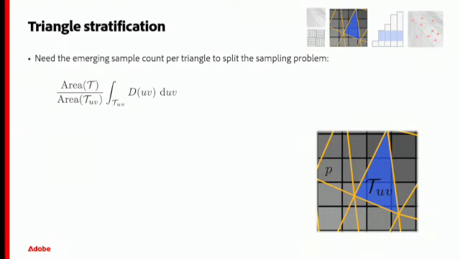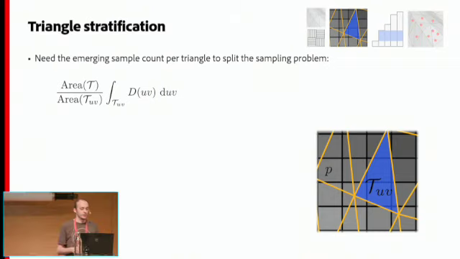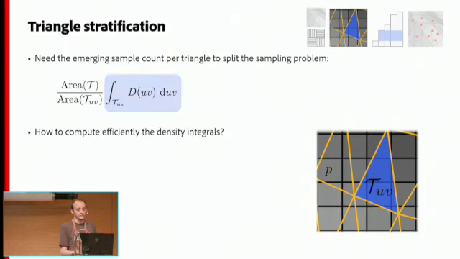Because we want to know what's happening for a given triangle, we need to find out the emerging sample count per triangle. The formula for this sample count per triangle is quite simple, and the hard part is just computing the average density, or the density integral, over this triangle in texture space.